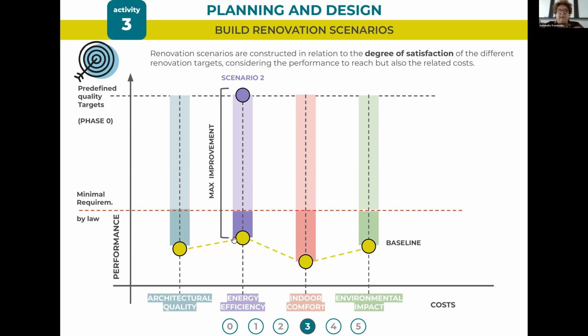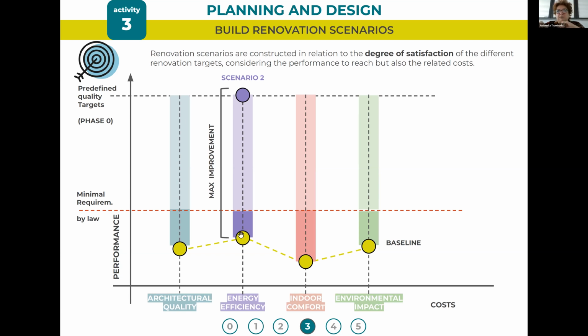We need to implement energy efficiency. So we point the accent on implementing the target related to the plant, for instance, or the introduction of renewable energy. So we maximize the improvement of this element.